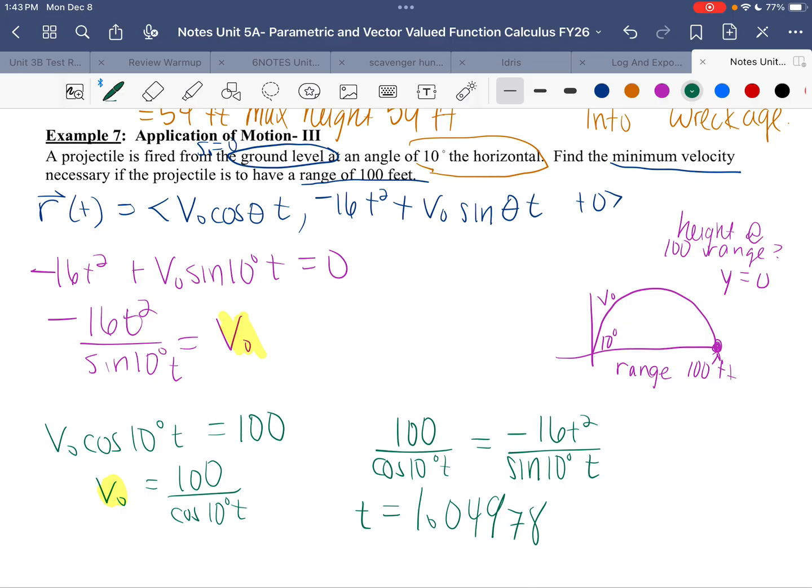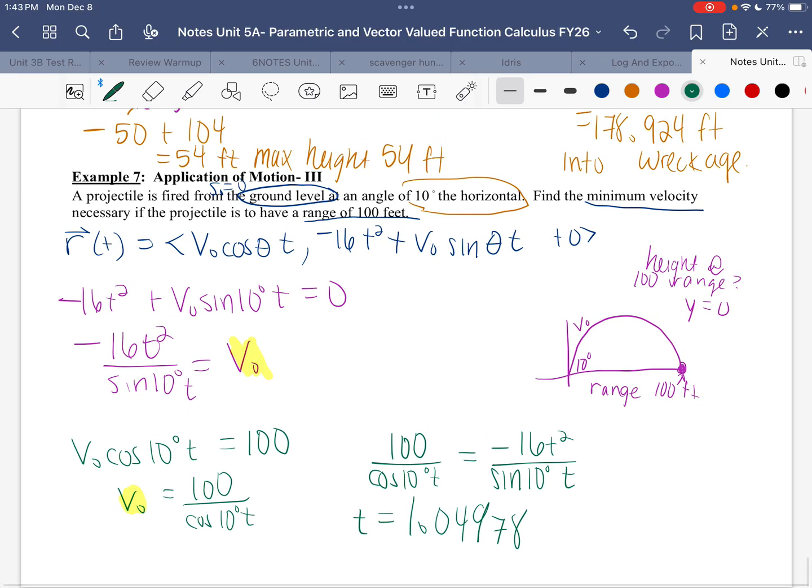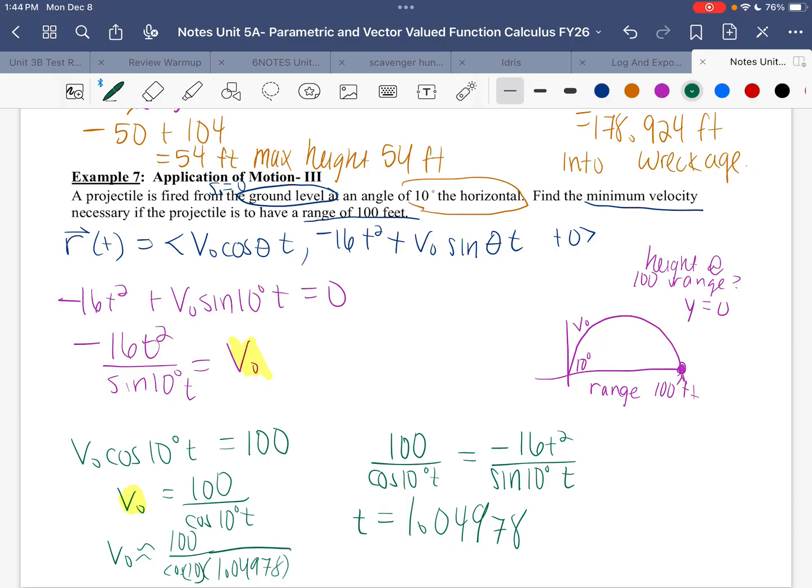And what is the minimum velocity? Okay, so substituting that into either of those equations, make sure you close your parentheses for the cosine.